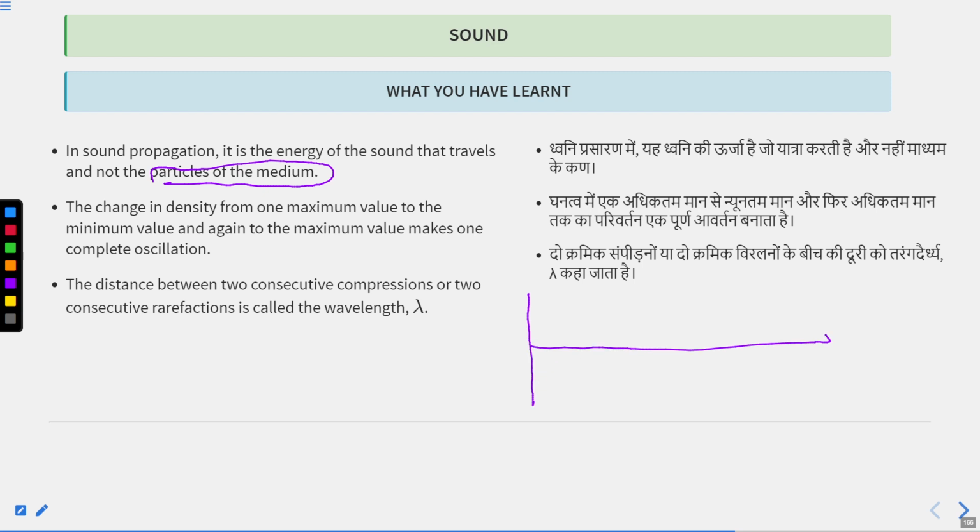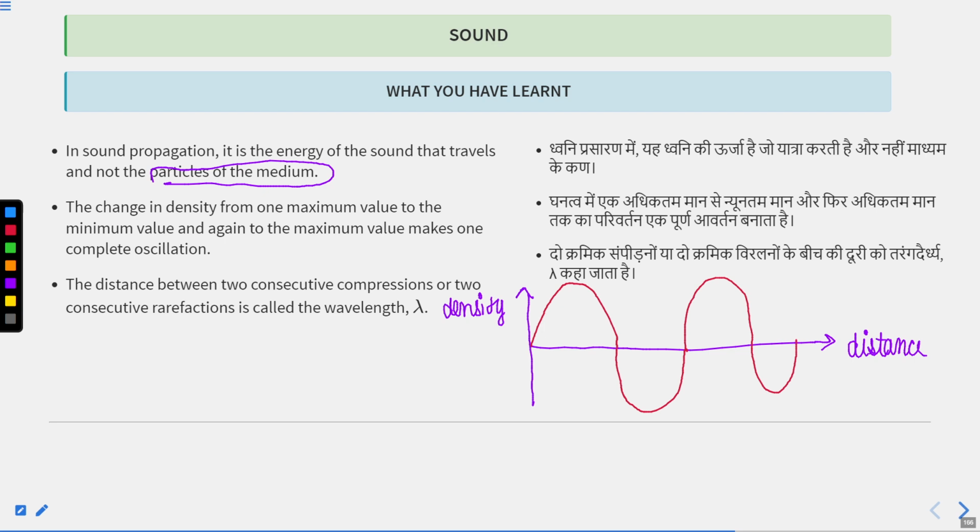We have studied the distance versus density graph of a sound wave. Distance versus density curve, and we have seen the curve like this.